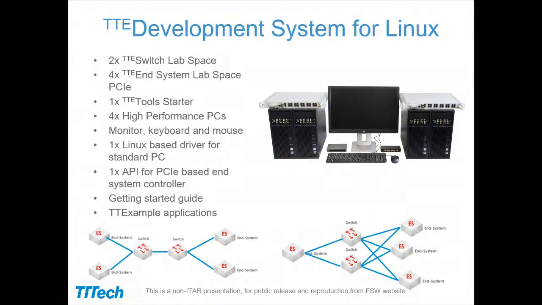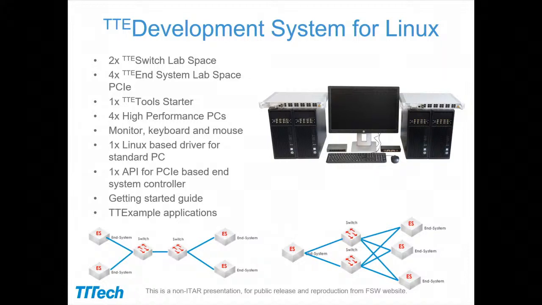So here's an example of a development system that we've had around for quite a while, and these are shipping all the time, that has multiple switches and multiple end systems, and it has essentially the ASIC, the plastic ASIC, inside these PCs for tying into the time-triggered Ethernet network.